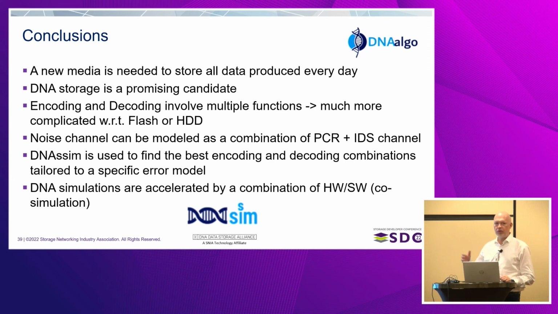Being able to do a full design exploration, so having a platform that in a reasonable time can give you feedback, is the only way we see at this point for choosing the best set of encoding and decoding algorithms for each specific couple of synthesis and sequencing technologies.